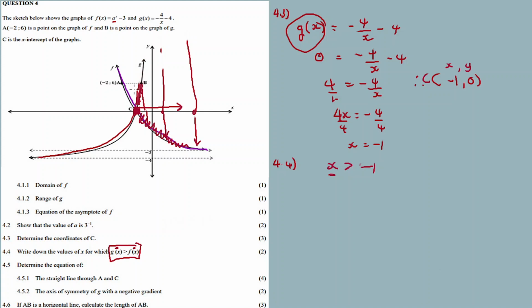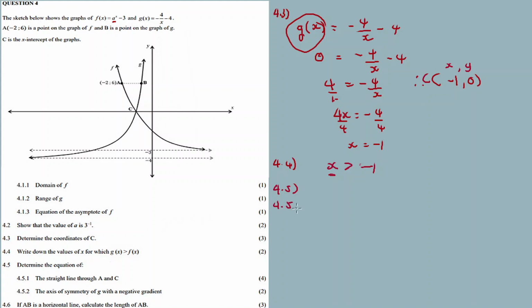Now we go to 4.5. I think erase here. 4.5. Determine the equation of the straight line. Okay, determine the equation of the straight line through A and C. The coordinates for C are minus 1 and 0.